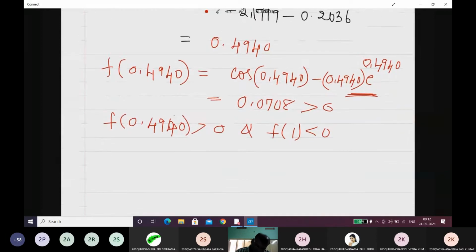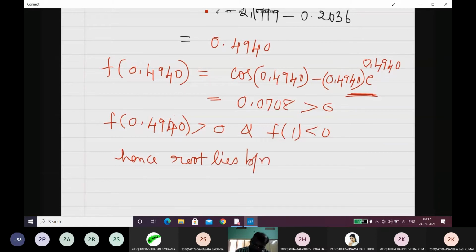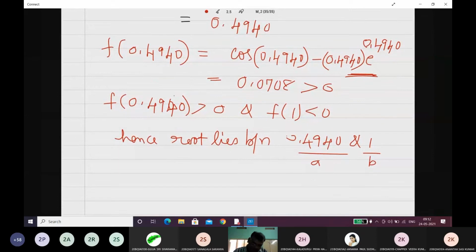Hence the root lies between 0.4940 and 1. This is A and this is B. Right?